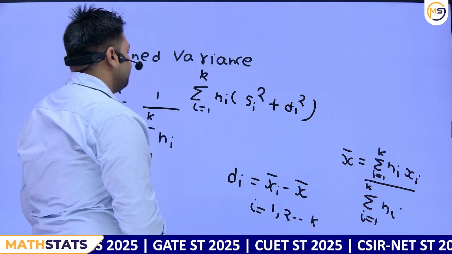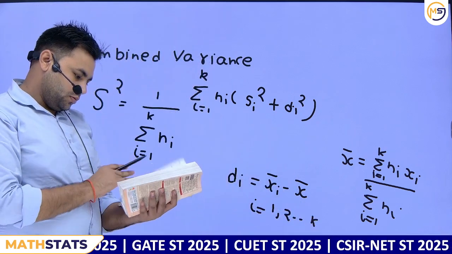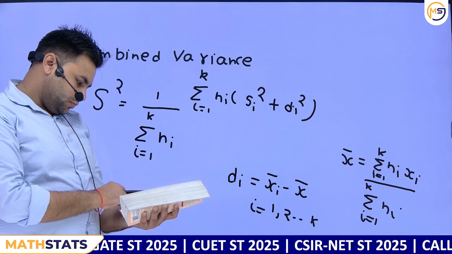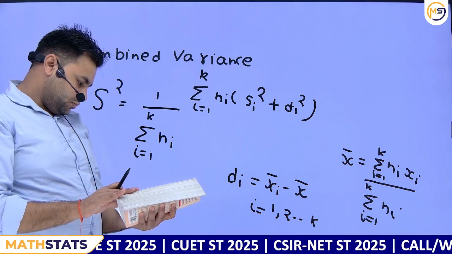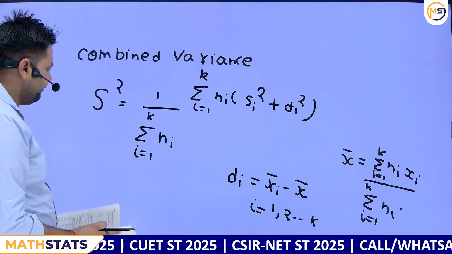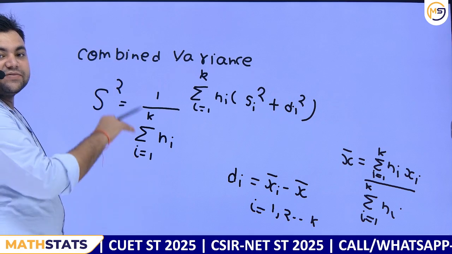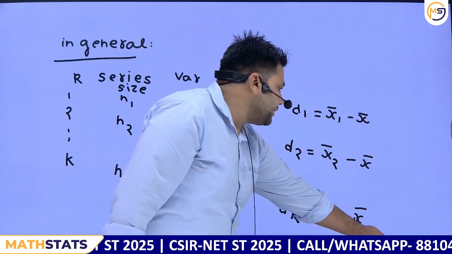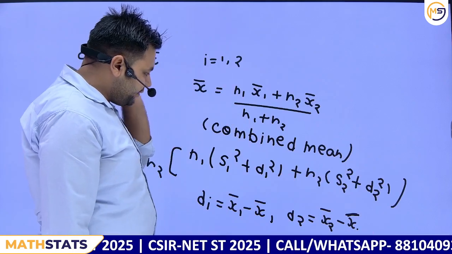I am checking this formula. Right, this formula is fine. So this is the combined variance for k series in general, and the earlier one is for 2 series.